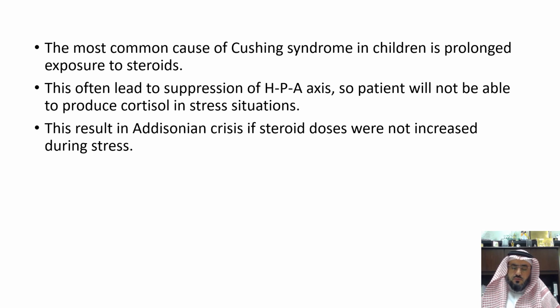If the tapering was rapid, or the patient stops the steroid all of a sudden, then the child is at high risk of developing Addisonian crisis, secondary adrenal insufficiency, not primary, secondary adrenal insufficiency.